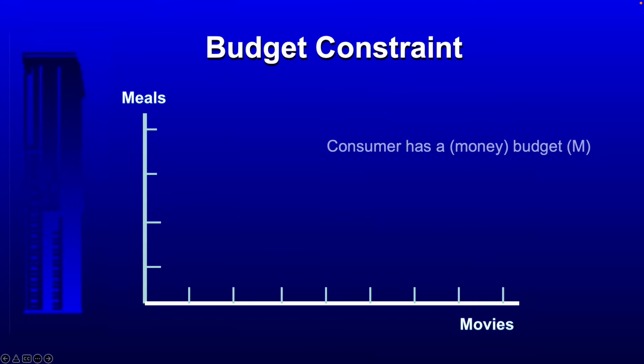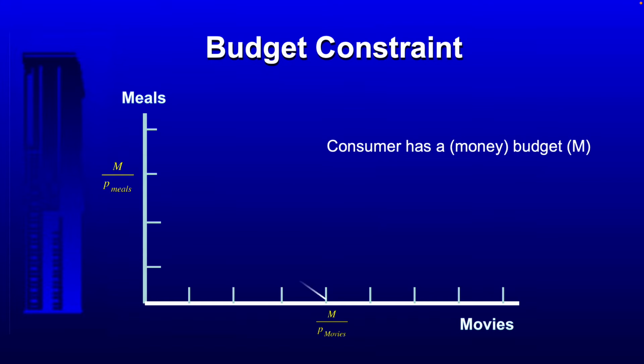So let's say we're starting off with a consumer who has some budget of money that we're going to call M. So if we were to take M and divide that by the price of the movies, that's going to give us how many movies he could buy with that quantity M. Same thing for meals. Divide M by the price of meals, and that's going to give you the total number of meals that he could buy if he chose to spend all of his money on that.